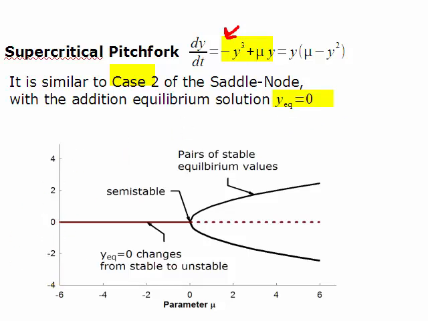The stability is also changed. So it's outside of the pitchfork part, it's stable. So it's stable right here. Over here it becomes unstable. And the part that was sort of inherited from the saddle node is all stable.